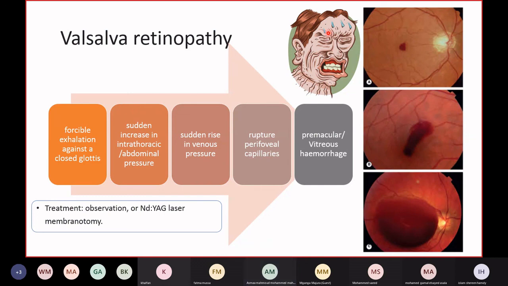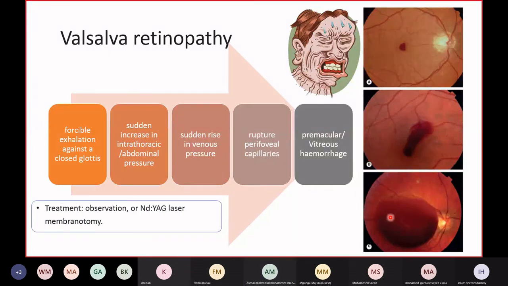So the patient will say, I had this sudden loss of vision of the center, and I can see in the periphery. Usually this happens because of blood formation. Usually it's sub-internal limiting membrane blood. This is the common location in Valsalva retinopathy, to occur over the center of the macula, and usually the internal limiting membrane is covering this blood.